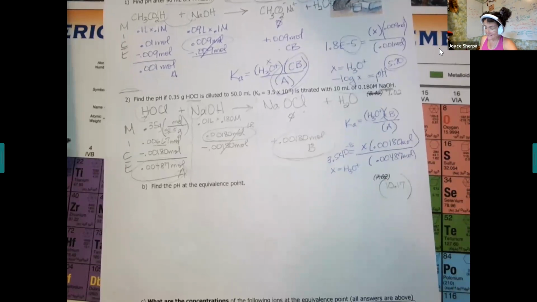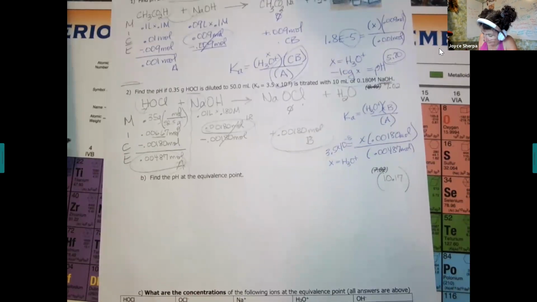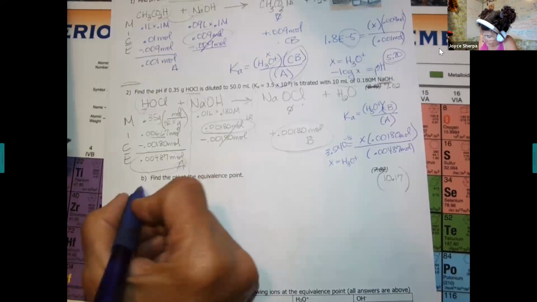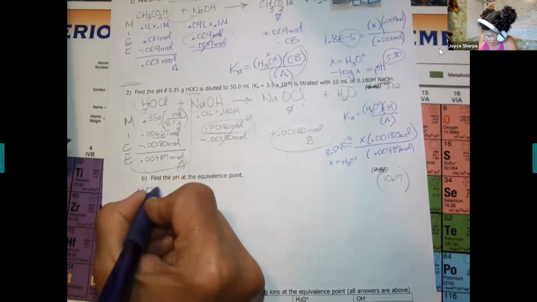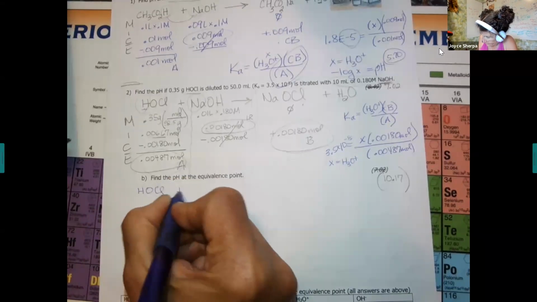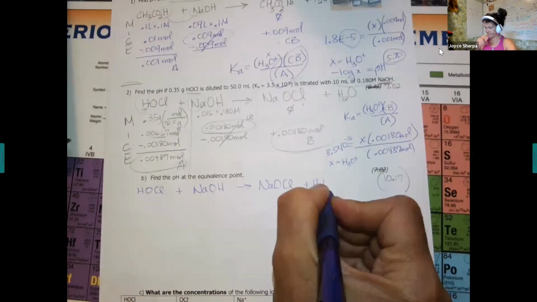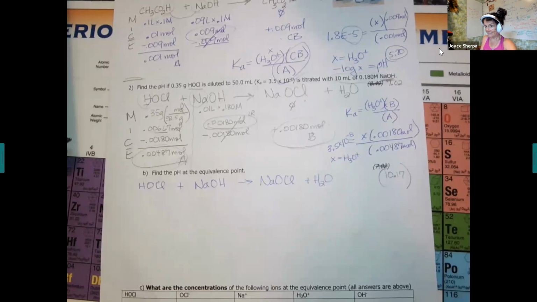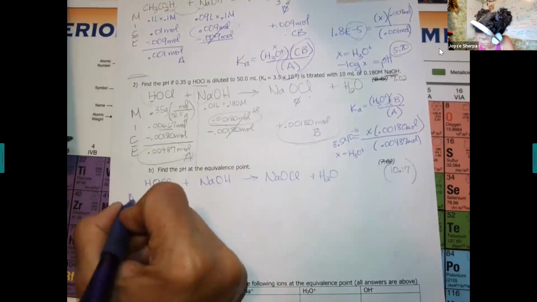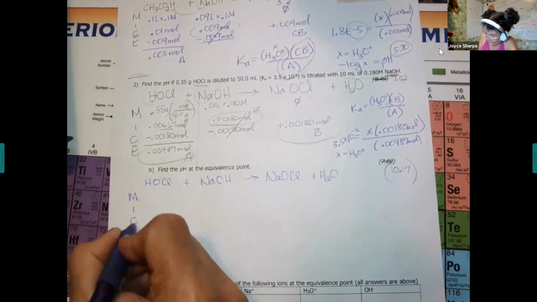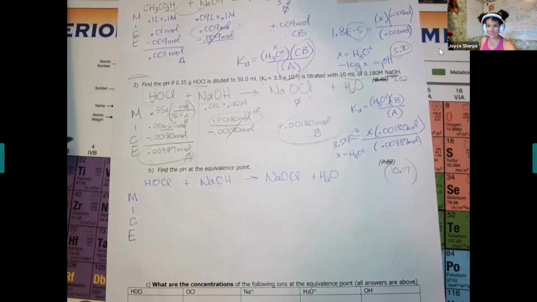All right, equivalence. We write our chart again. So the HA, the NaOH, and. So what's the one piece of information I can use from part A of the problem?